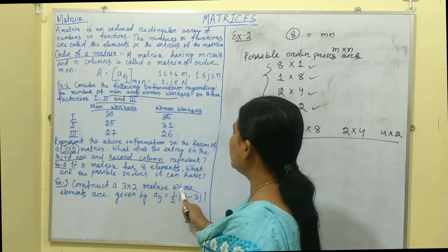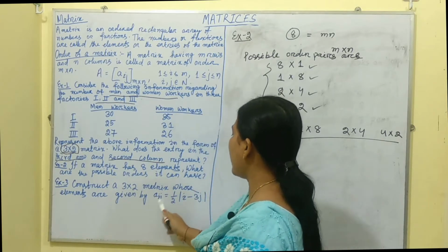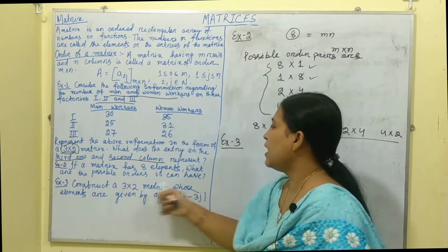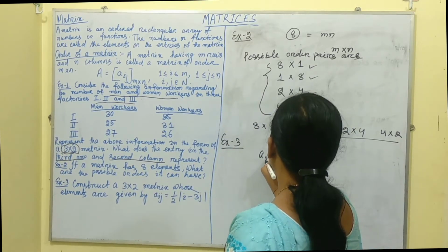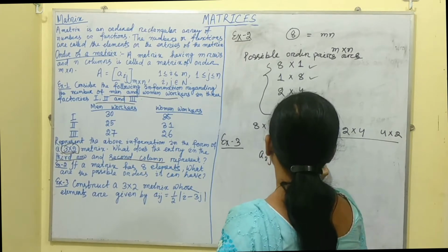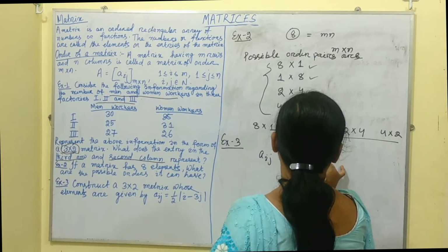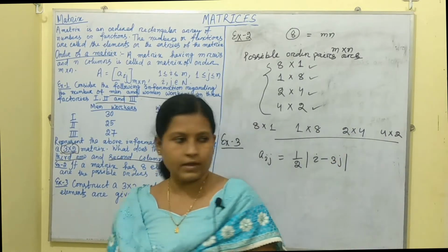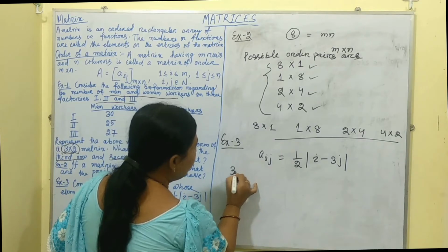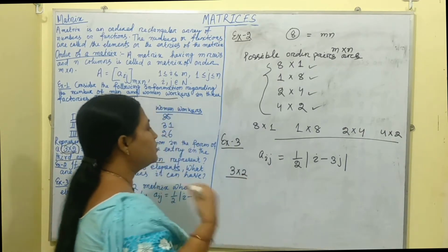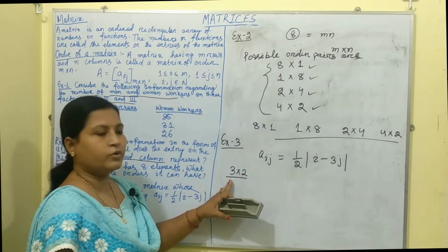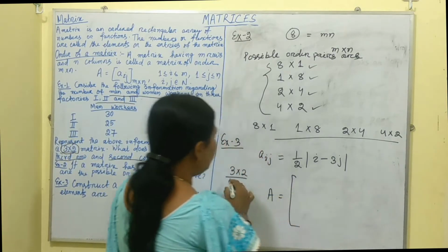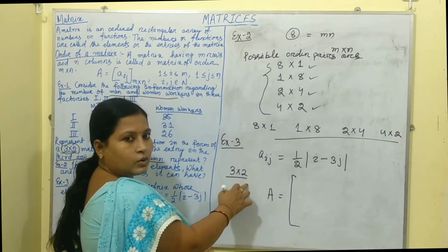Construct a 3 by 2 matrix whose elements are given by Aij equal to 1 by 2 into modulus of i minus 3j. So the general form of a 3 by 2 matrix: A is the matrix name, and 3 by 2 means there are 3 rows and 2 columns.